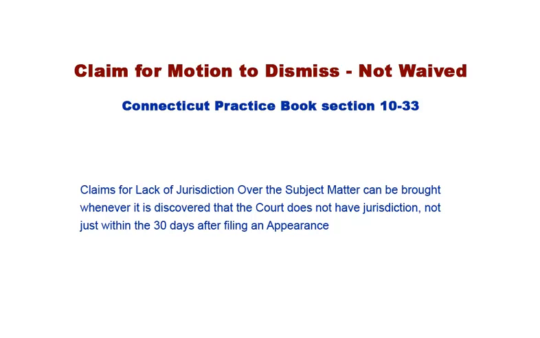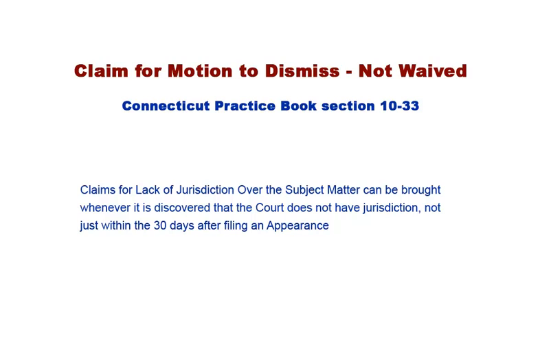Claim for motion to dismiss not waived. Connecticut Practice Book section 10-33 says that the right to file a motion to dismiss on the ground of lack of jurisdiction over the subject matter cannot be waived or given up. If it is discovered at any time during the case that the court does not have or lacks subject matter jurisdiction, a defendant may file a motion to dismiss.